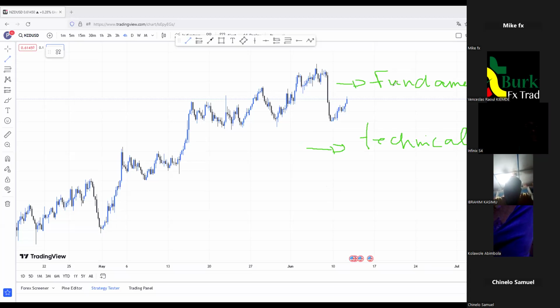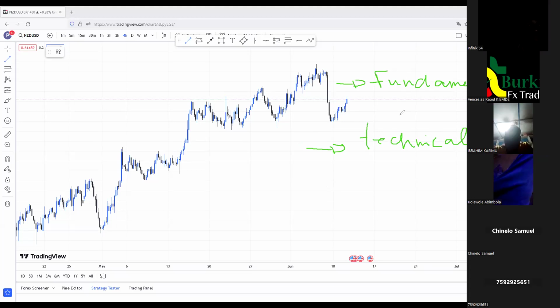Using fundamental analysis means that you will refer to the economic data, such as the non-farm payroll, such as, what is the name again?